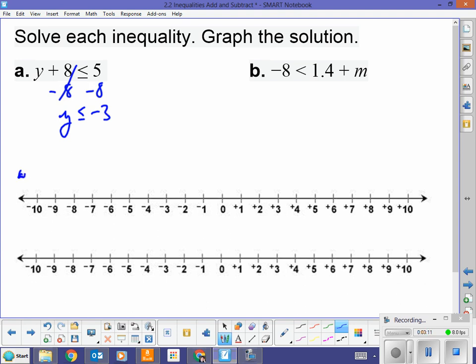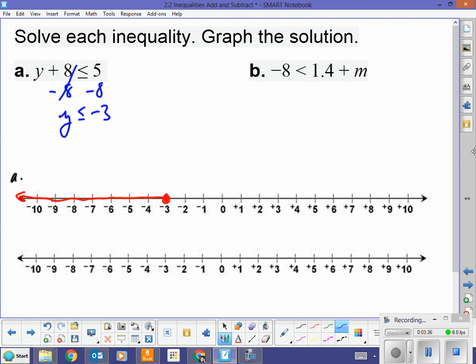This is an A. My boundary is negative 3, and y is equal to negative 3, so I'm going to use a closed-in dot there. And then y is less than negative 3, so I want the numbers that are to the left of negative 3.